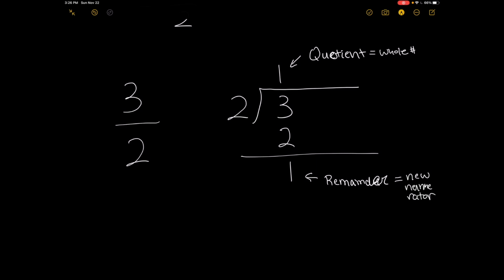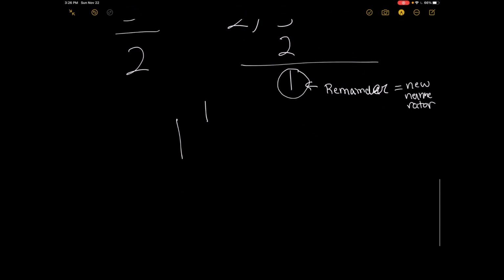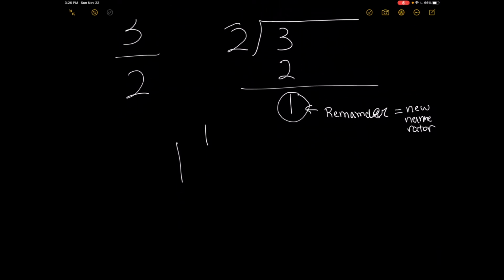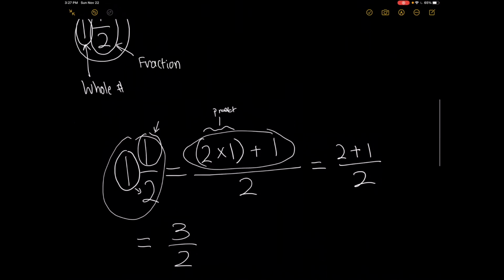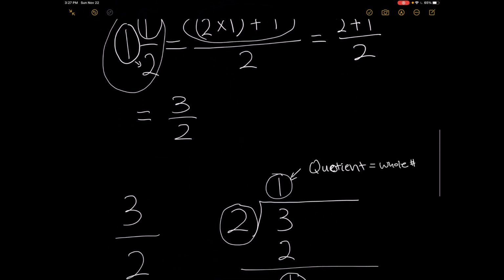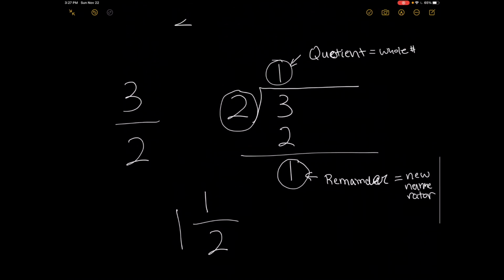So we take the quotient as the whole number, then take the remainder, which is 1, as the new numerator, and we keep the same denominator, which is 2. That gives us 1 and 1/2. Does that match the mixed fraction that we had before? Yes, it does. So that is it for today's video.